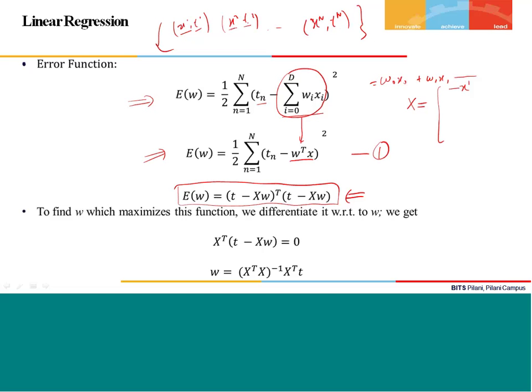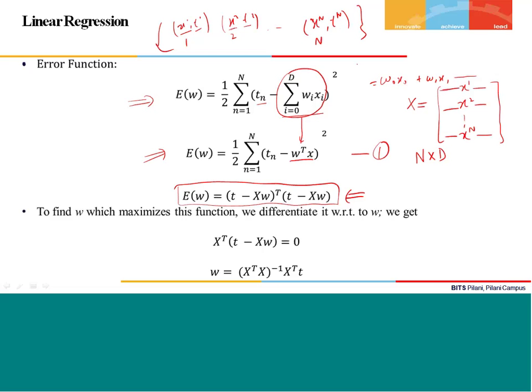So this is my x1, this is my x2. Likewise, I wrote all these x in my matrix. Why is this a matrix? Because it is a matrix of dimension n into d. So each row corresponds to each input: this is first, this is second, this is nth input.